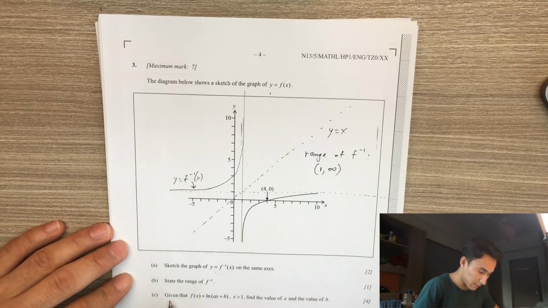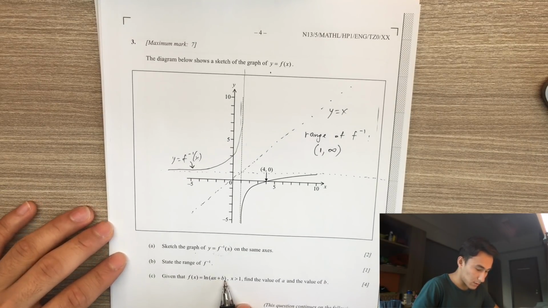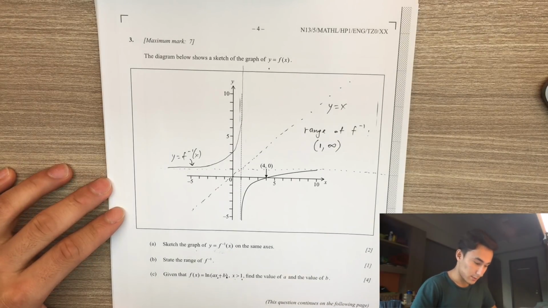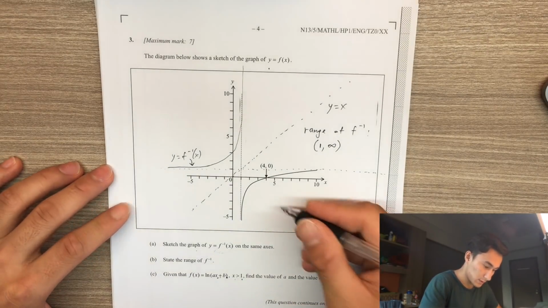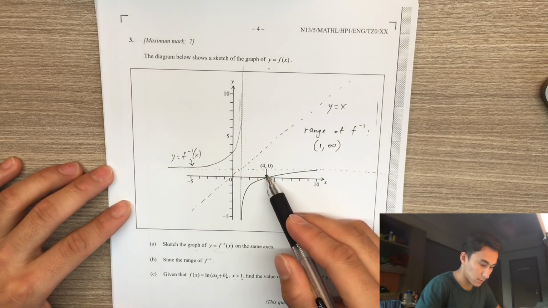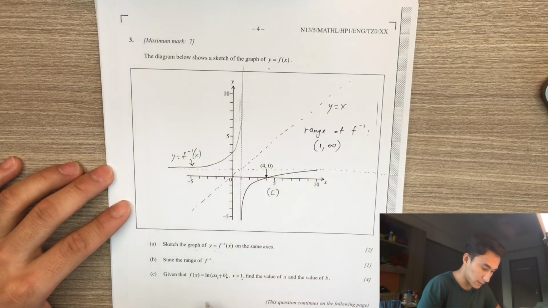Part C, given that f of x is equal to the natural logarithm of ax plus b, x is larger than 1, find the value of a and the value of b. To solve part C, we see that the point (4, 0) lies on the graph of this function.